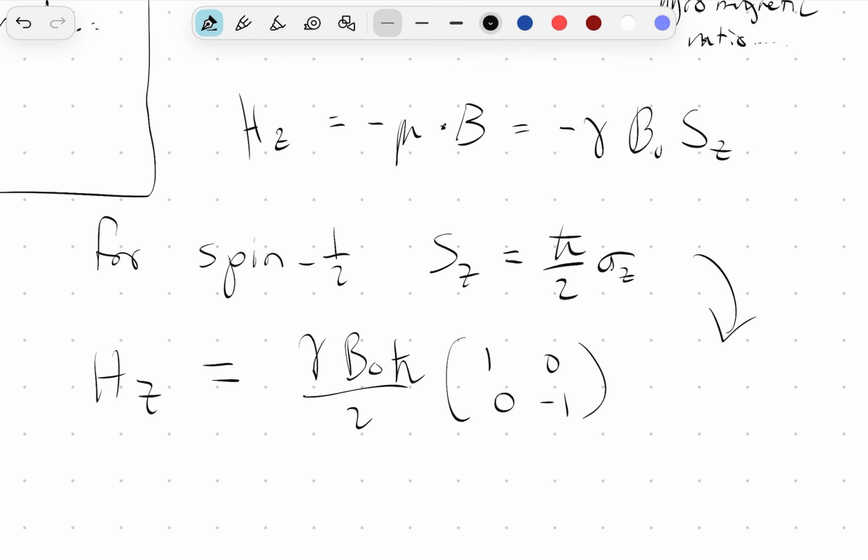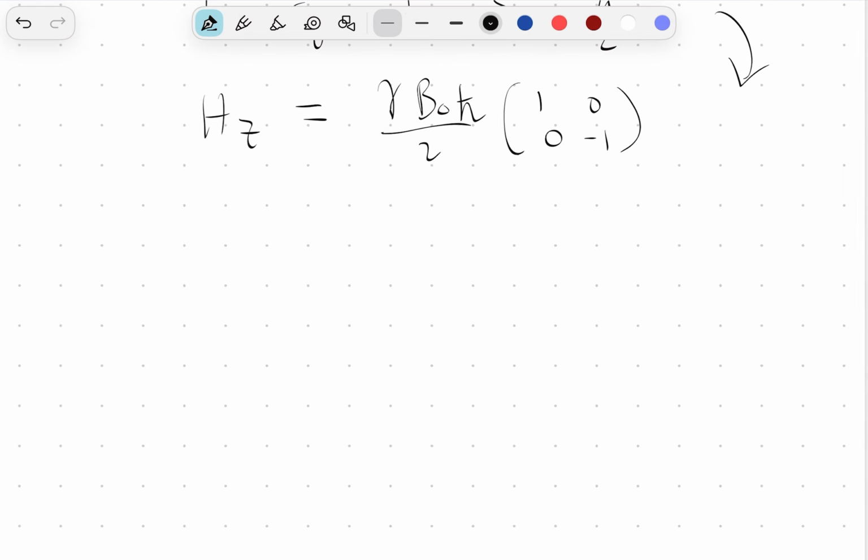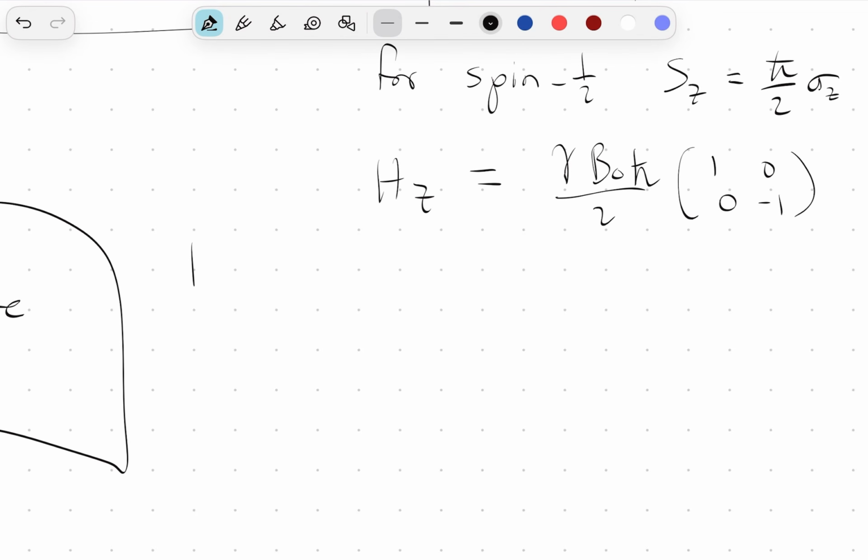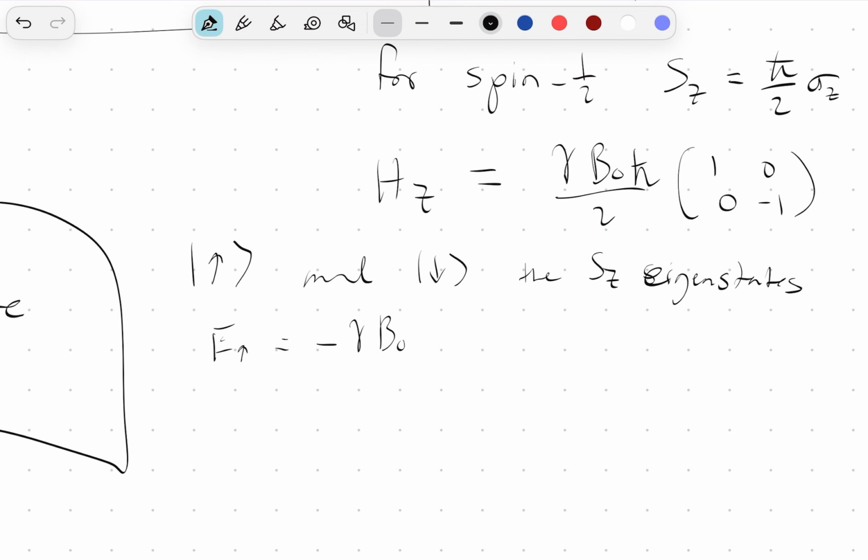Now, the eigenstates here, spin up and spin down, the SZ eigenstates, their energies are going to be just the negative and positive versions of themselves.